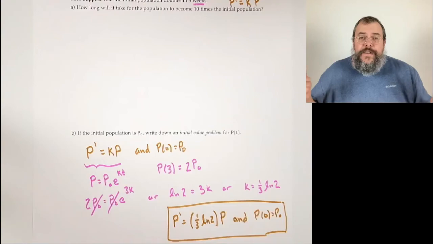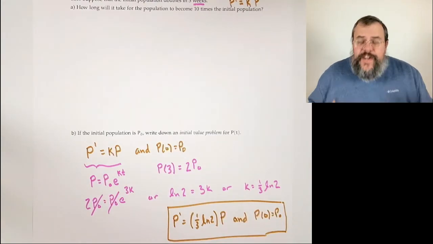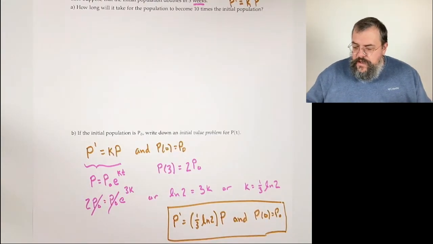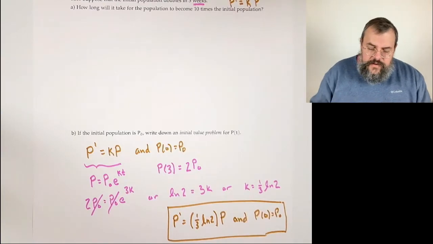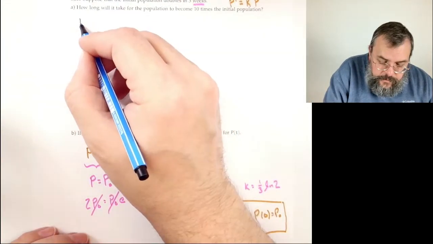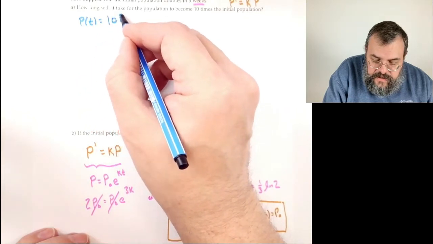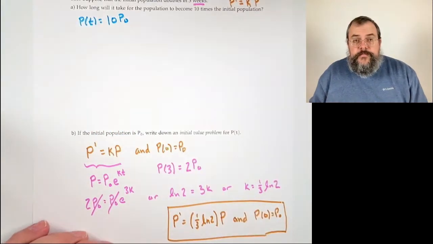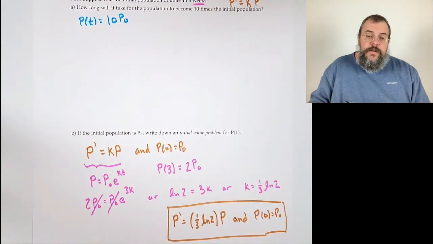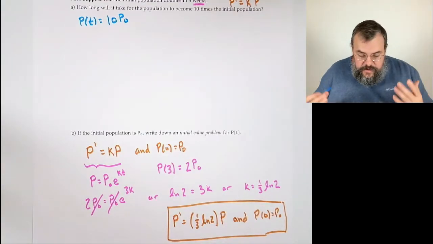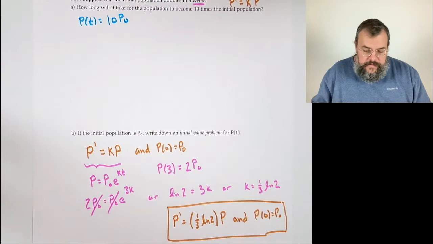How long will it take for the population to become 10 times the initial population? All right, well, that says we want to know for what value of t does P of t equal 10 P0. Now we say, okay, we know how things behave.